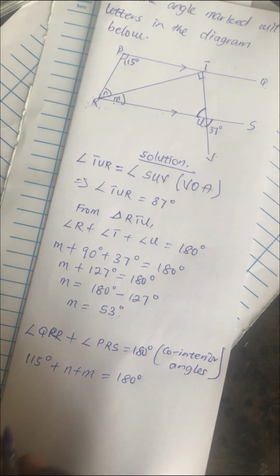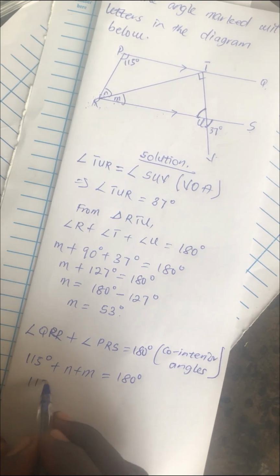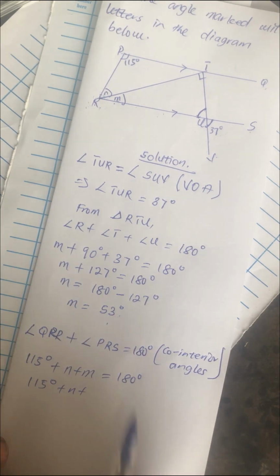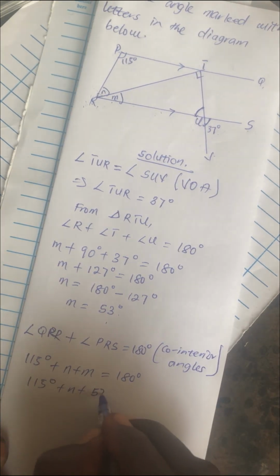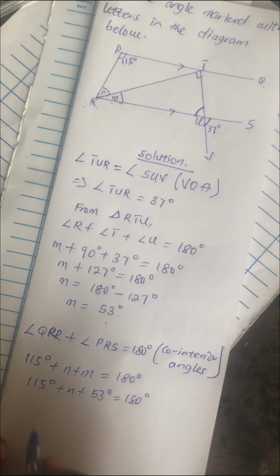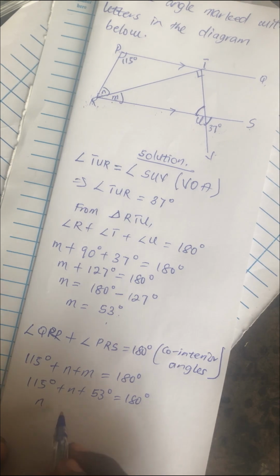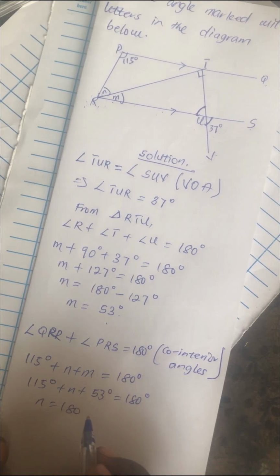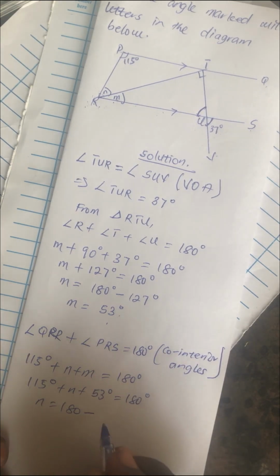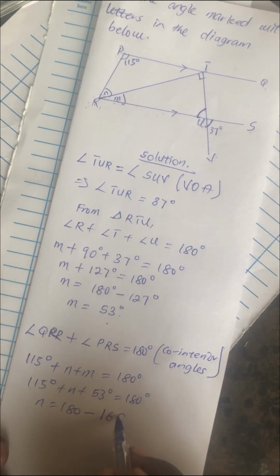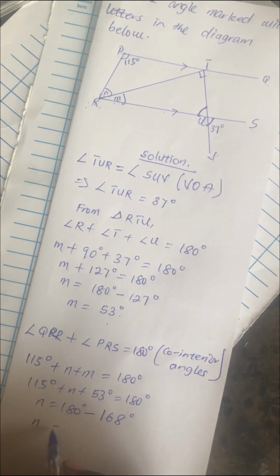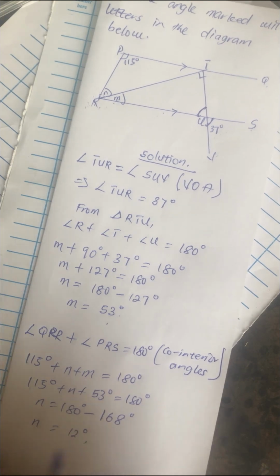From here, I have 115 plus N plus M, which has been identified as 53 degrees, is equal to 180 degrees. Now grouping our like terms, we have N equals 180 minus the sum of these two, which gives us 168 degrees. We are getting our value of N to be 12 degrees.